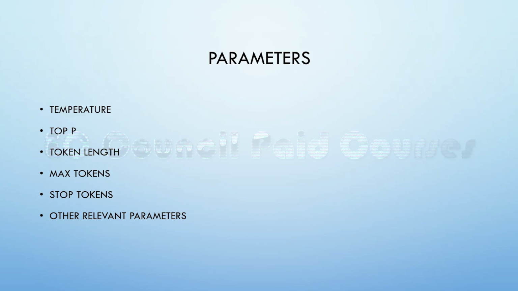Token length, on the other hand, is the number of words or characters in a sequence or text that can be fed to an LLM. It would really vary depending on the language and the tokenization method for the particular LLM, but it's the length of the input text that will affect the output of the LLM.